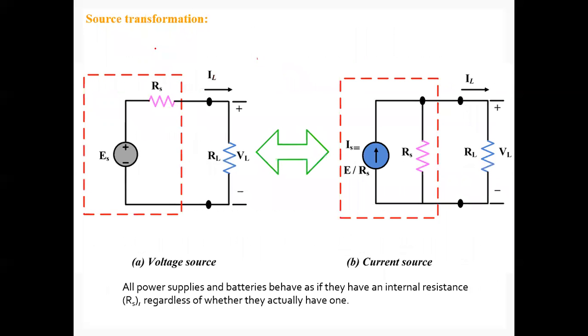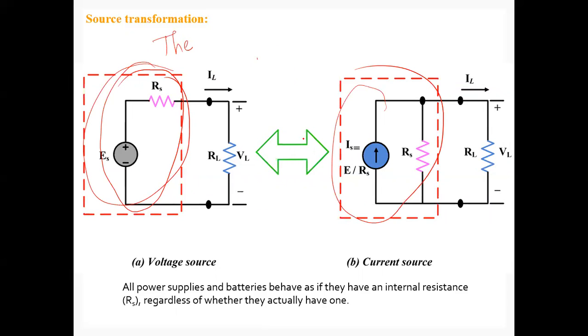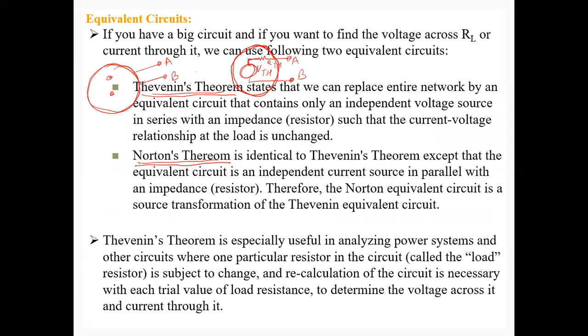Thevenin said I can replace that guy by this. But what Norton said is, okay, I can replace this guy by this guy. That's the only difference. This is the Norton equivalent. This is the Thevenin equivalent. That's the difference between Thevenin's theorem and Norton's theorem.